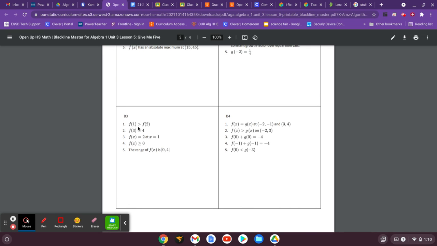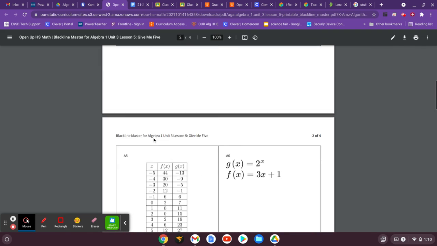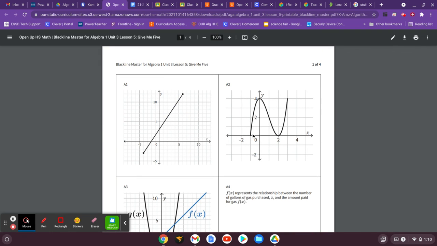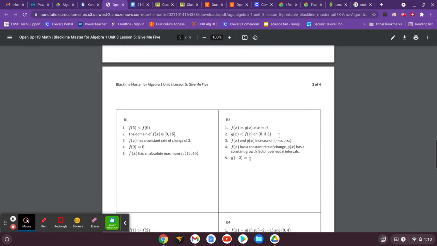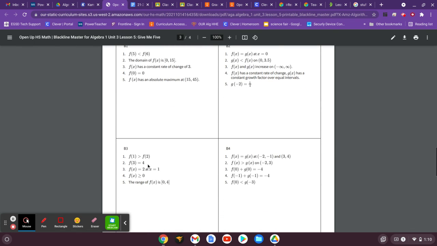So B3, f of 1 is greater than f of 2. Let's look. F of 1 is greater than f of 2. That is correct. What else? F of 3 equals 4, and f of 1 equals 2. Oh, everything is greater than or equal to 0. That was true. Range was 0 to 4. Yep. So I'm pretty positive on B3.